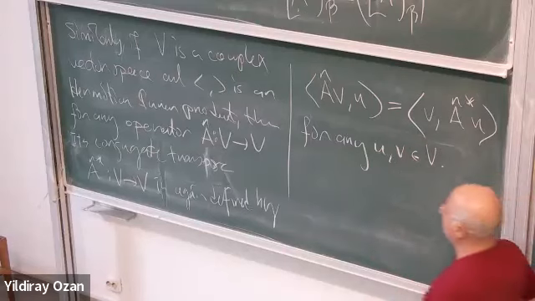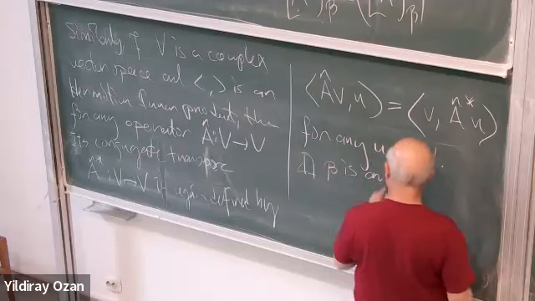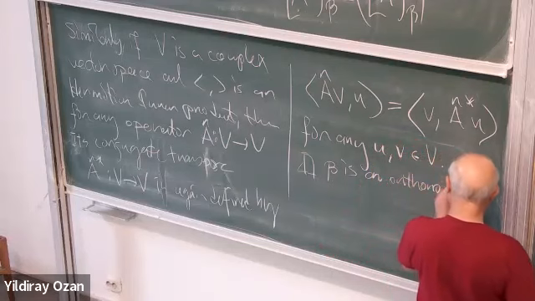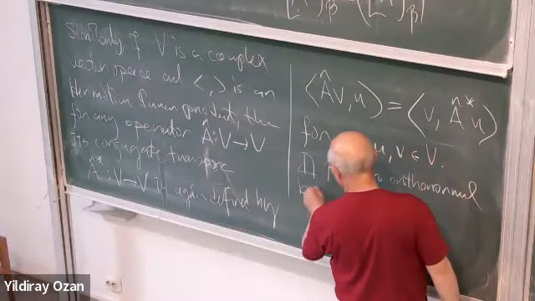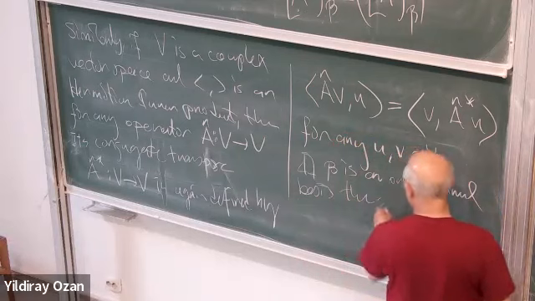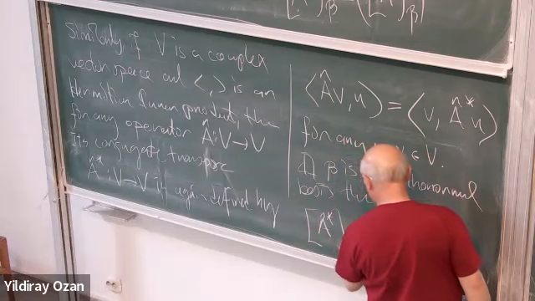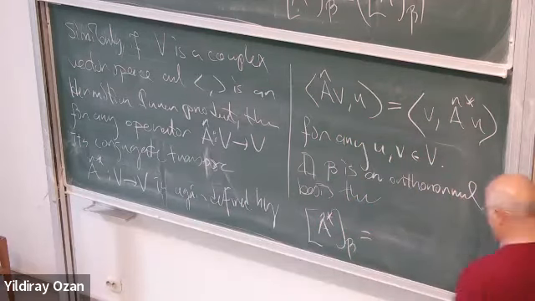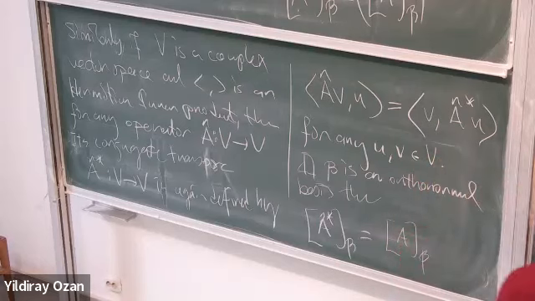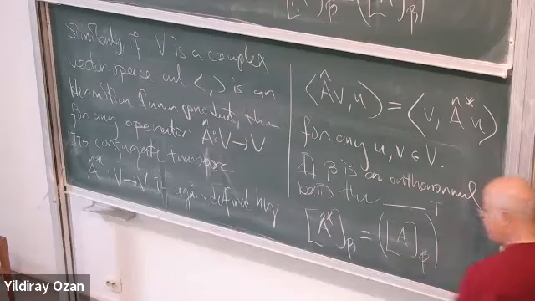So if delta is an orthonormal basis again, with respect to this Hermitian product, then the matrix representation of the conjugate transpose of A is nothing but you take the matrix representation of A, and then you take the conjugate of this matrix and transpose it.